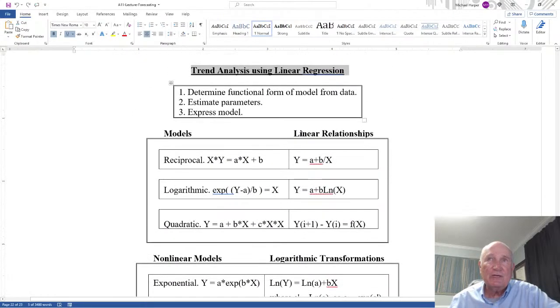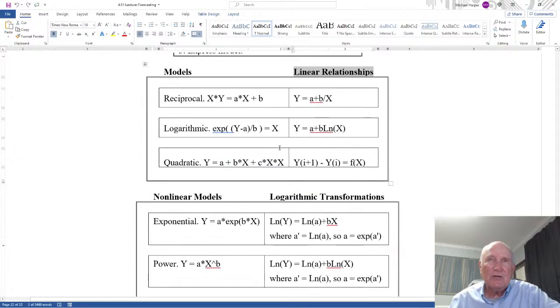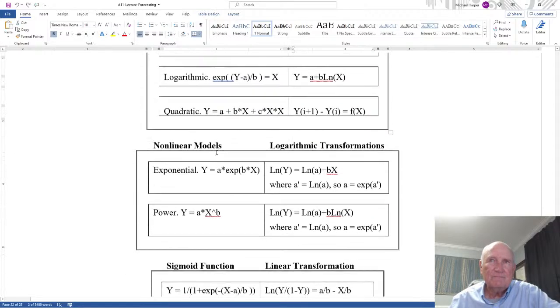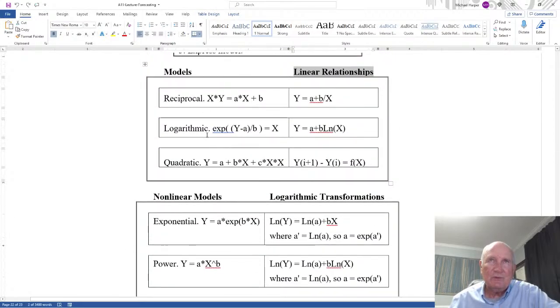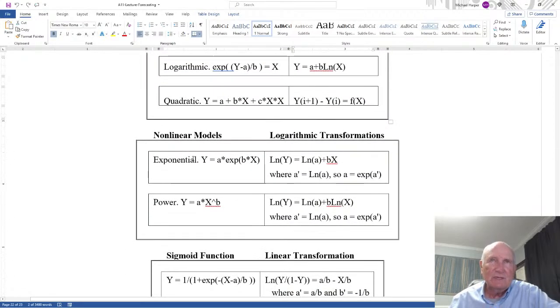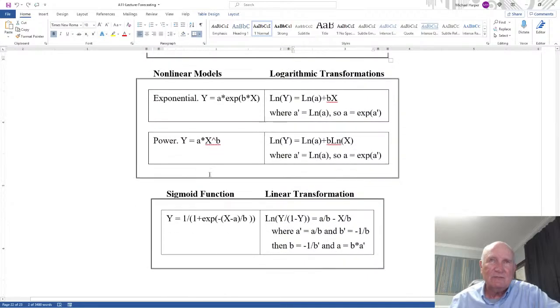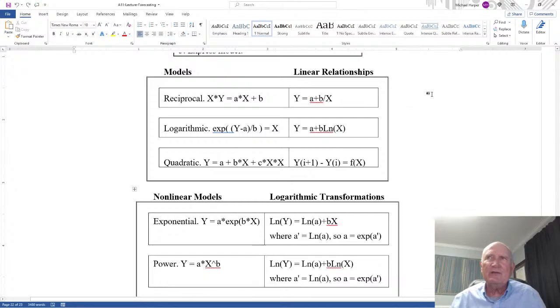In other words, you can use linear regression to solve certain nonlinear problems: reciprocal, logarithmic, quadratic, of course, exponential, power series. The power series is called the Pareto relationship, and a sigmoid function. You can use linear regression. But that's not what we're covering in this course.